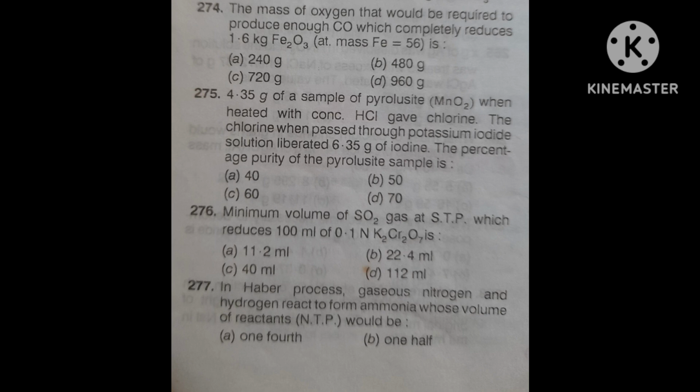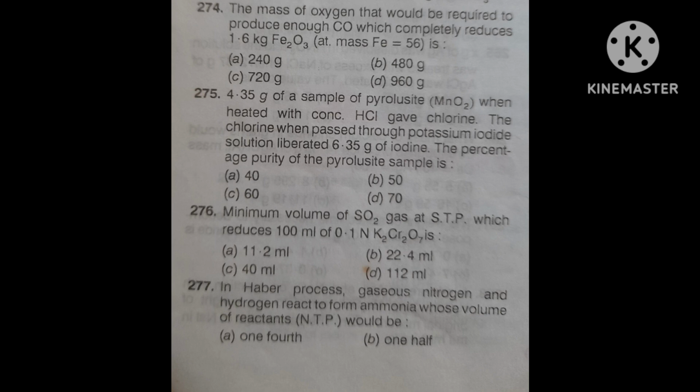Then after adding both equations, you will get 6C plus 3O2 plus 2Fe2O3, that will give you 4Fe plus 6CO2.